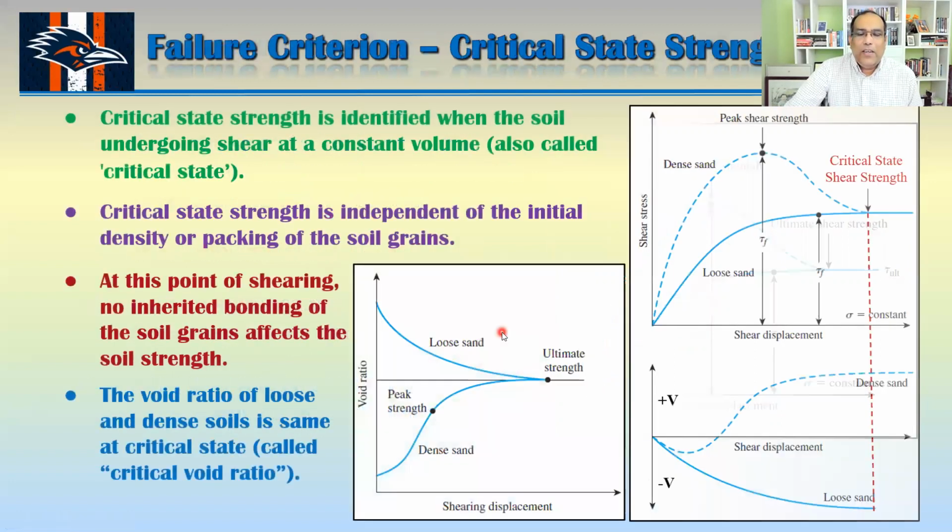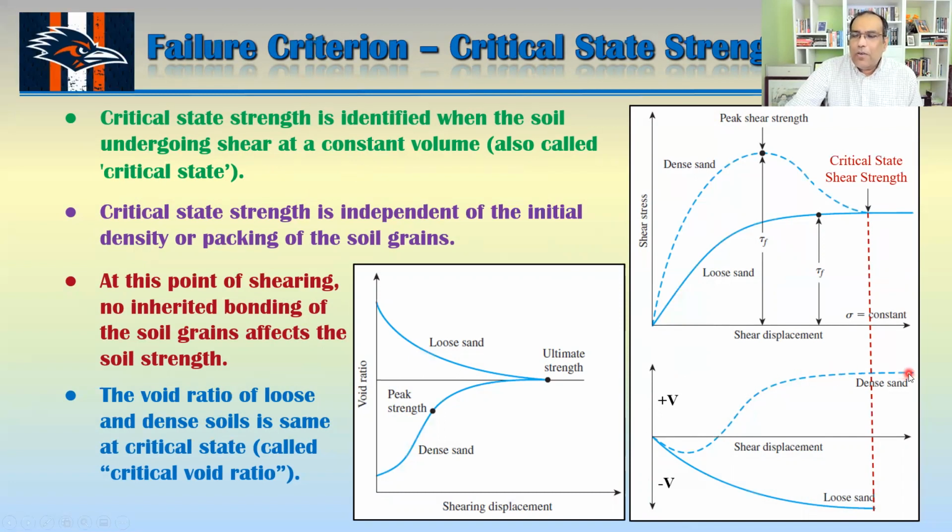Now, the second criterion is critical state strength. What this one is trying to say is that the critical state strength is identified when the soil is undergoing shear at a constant volume, also called the critical state. Usually, if your soil is dense, your volume goes down a little bit and then goes up.